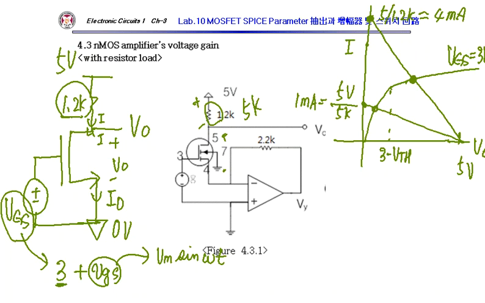Then the transistor works in the triode region. GM is small in the triode region. Okay. So I have to control the resistance value and gate source voltage to operate the transistor in the saturation region to get large voltage gain. Okay.